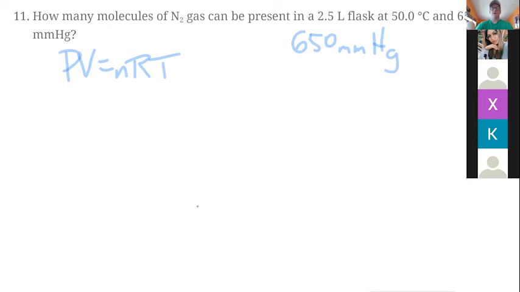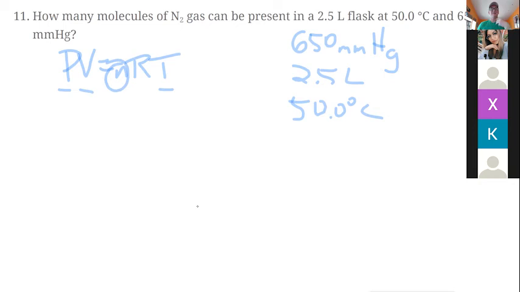And our volume is 2.5. And our temperature is 50.0 degrees C. So we have a P, we have a V, we have a T. R is a constant. So basically, what is it we're solving for? Moles. Solving for moles, right? That's really what we're solving for.